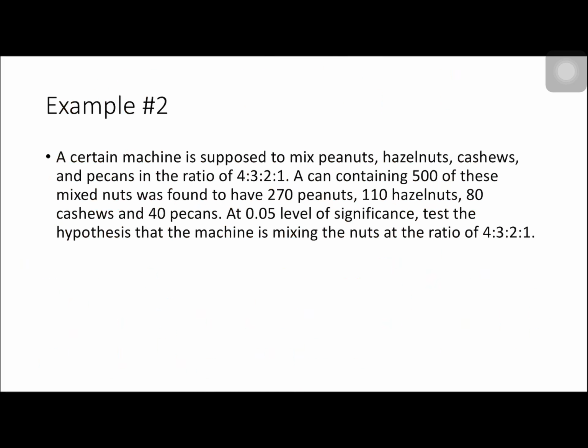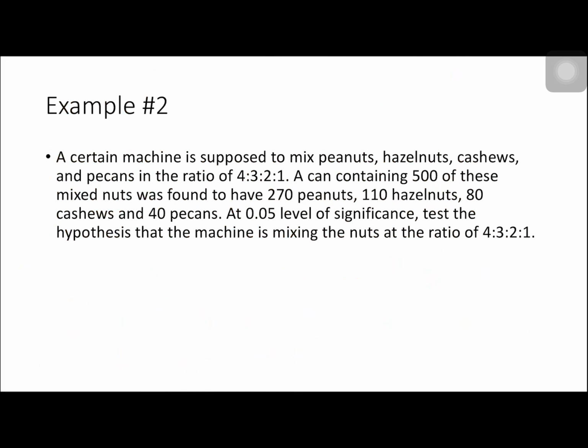Okay? So for our next example, a certain machine is supposed to mix peanuts, hazelnuts, cashews, and pecans in the ratio of 4:3:2:1. So a can containing 500 of these mixed nuts was found to have 270 peanuts, 110 hazelnuts, 80 cashews, and 40 pecans.